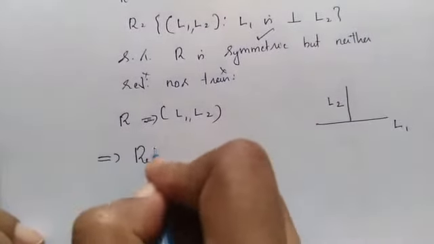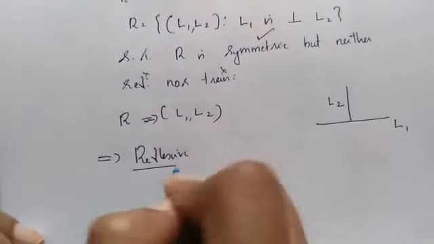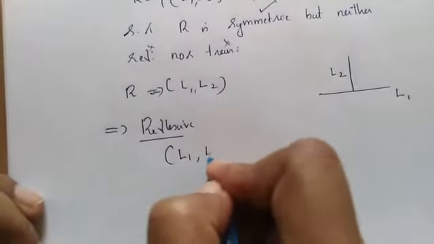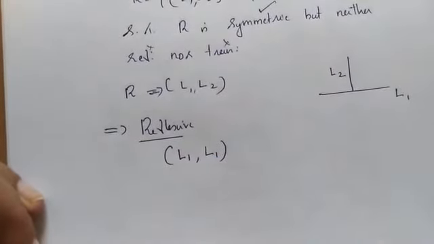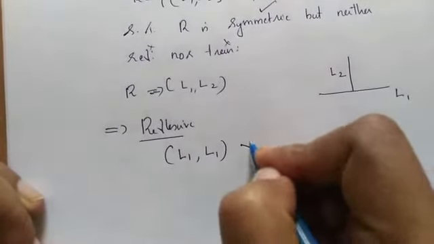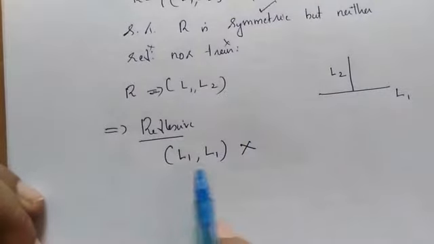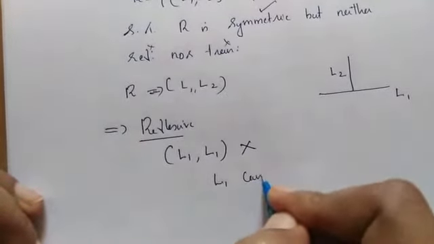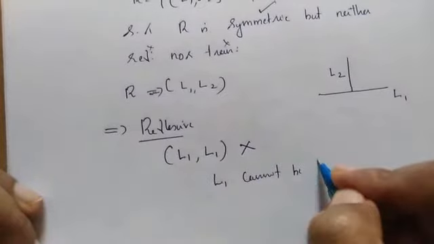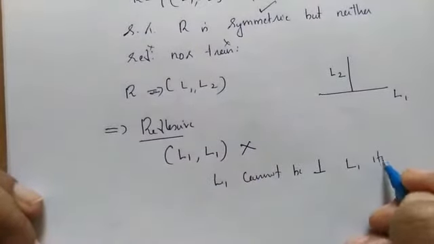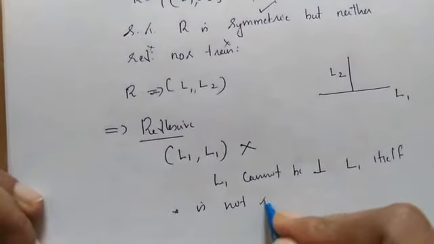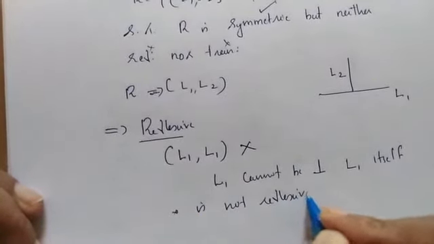We are checking the reflexive statement (L1, L1), which is a false statement. L1 cannot be perpendicular to L1 itself. Hence the relation is not reflexive.